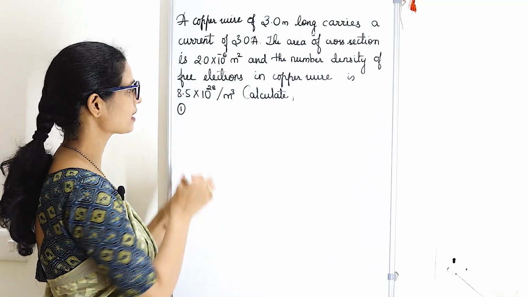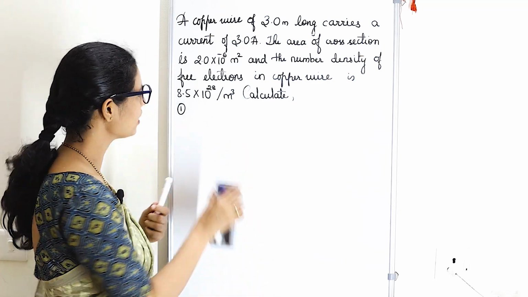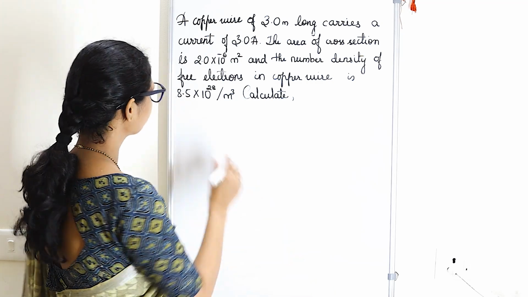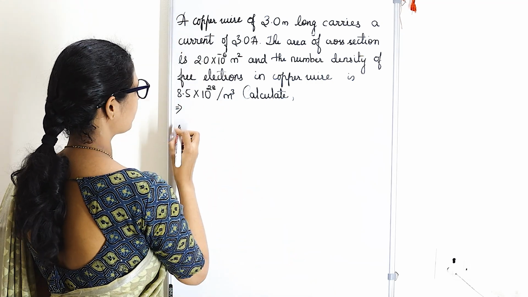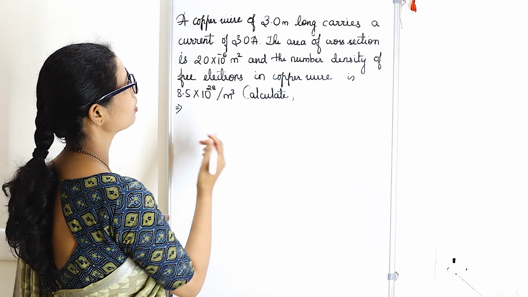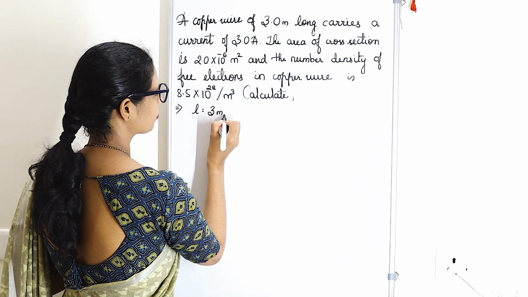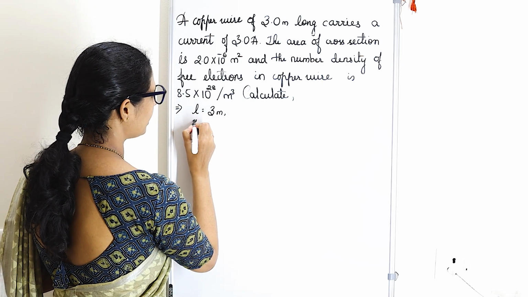Okay, so before I start calculating, I'll just write down what all they have given in the question. So they have given the length of the copper wire. So the length of the copper wire is 3 meter, and then they have given the area.